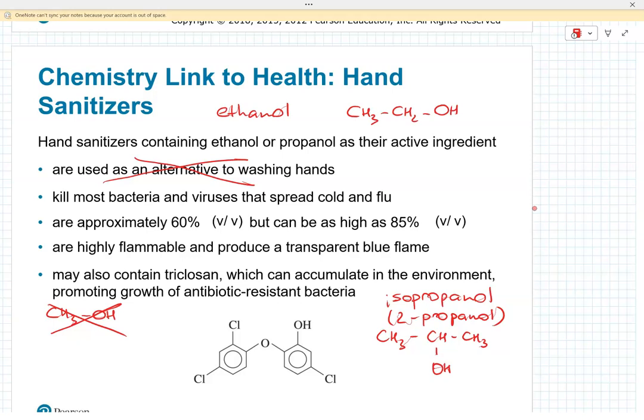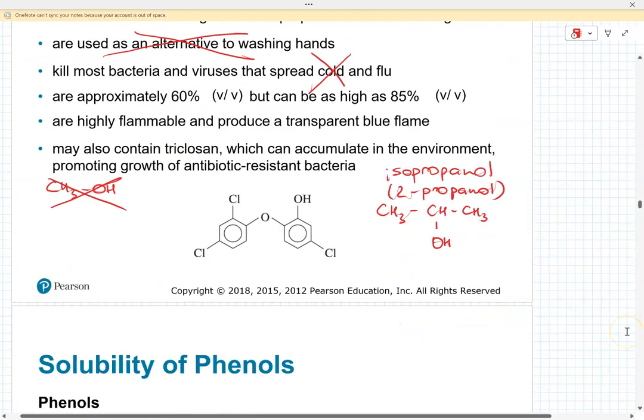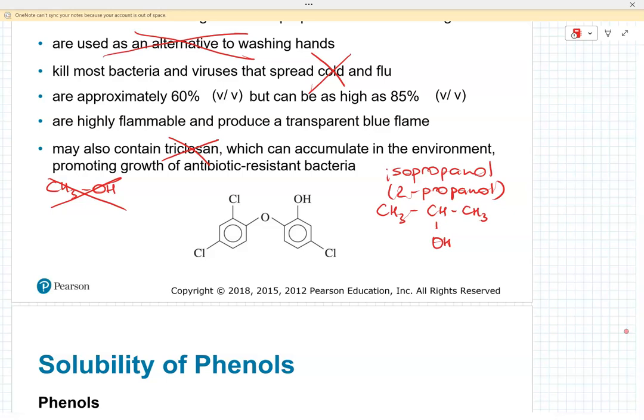They do not kill the viruses that cause colds. I can't explain why, but they don't. And none of the hand sanitizers contain triclosan because the FDA officially recommended to stop using triclosan. It was about 2018, because it was not particularly efficient.